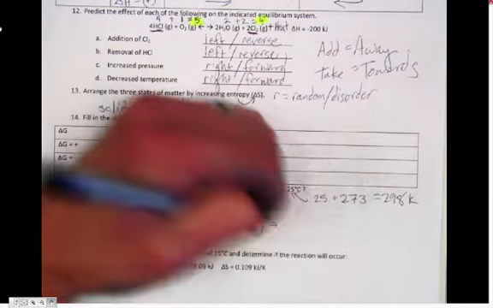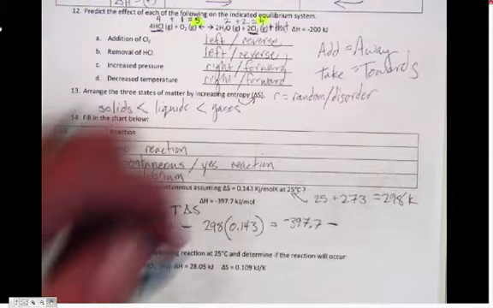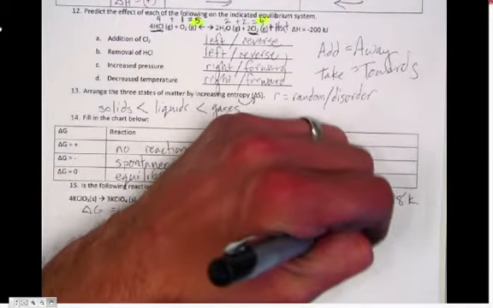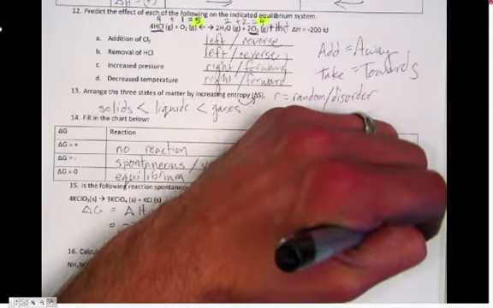So I suggest multiply these guys out. So this is going to equal negative 397.7 minus, and then I do 298 times 0.143, which is going to give me 42.6. I'm rounding. So now we can plug it into our calculator and we can say negative 397.7 minus 42.6 is going to give me negative 440.3.